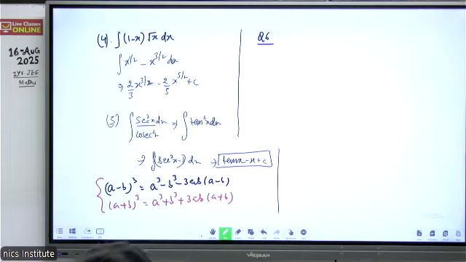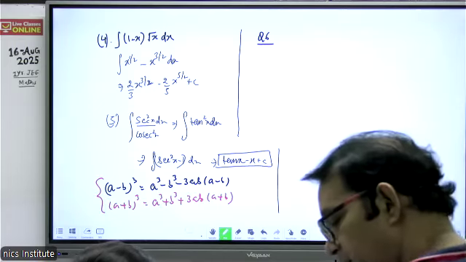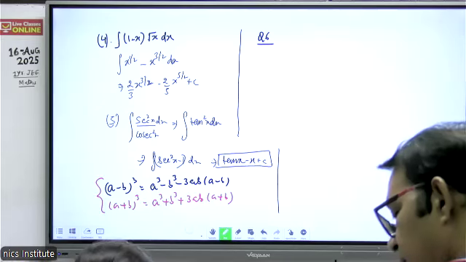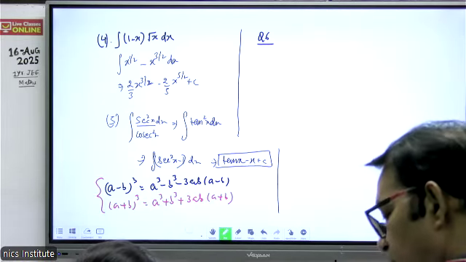Disha, do 6 and 7 on the board. Write the identity on the side here. A minus b whole cube. Yes, a to the power x. Now this will become a by b to the power x.